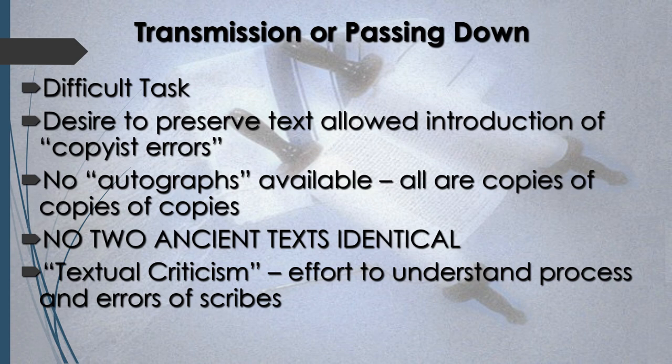The copyists were not wanting to make a different manuscript, but it was just a very difficult process, and it happens. So we're trying to understand that, and that's the whole field of textual criticism as it relates particularly to texts like the Old Testament, where there are multiple copies, and we can compare them to one another.